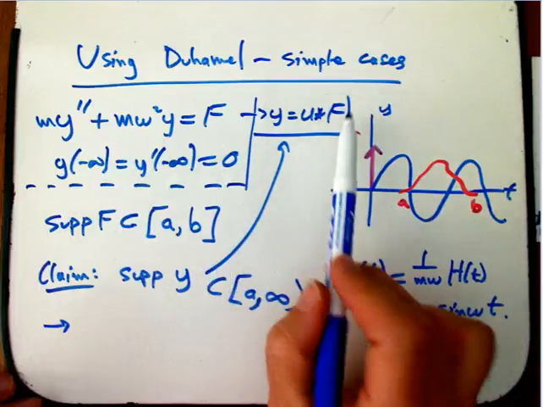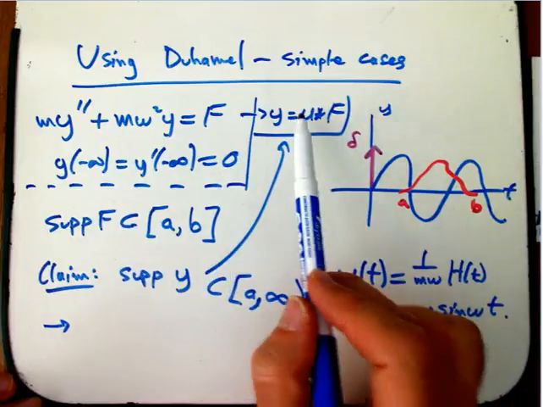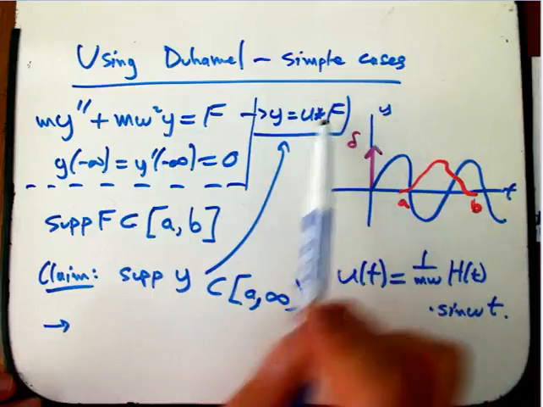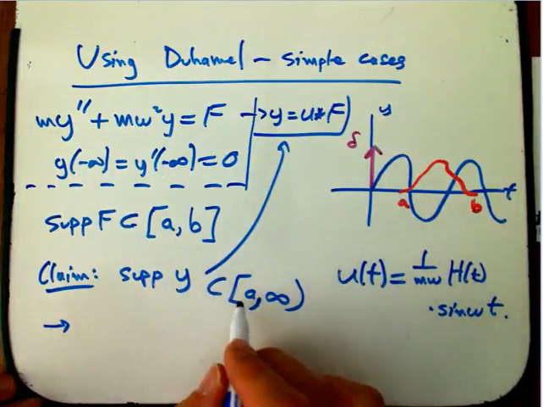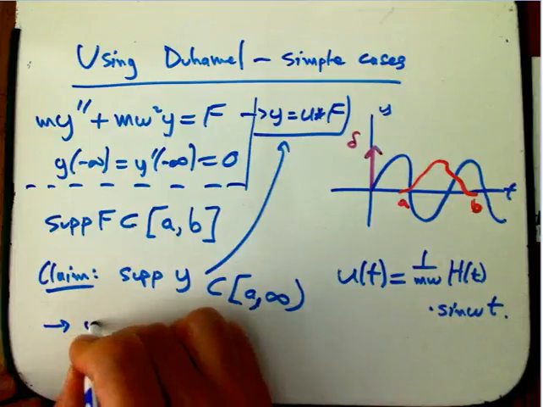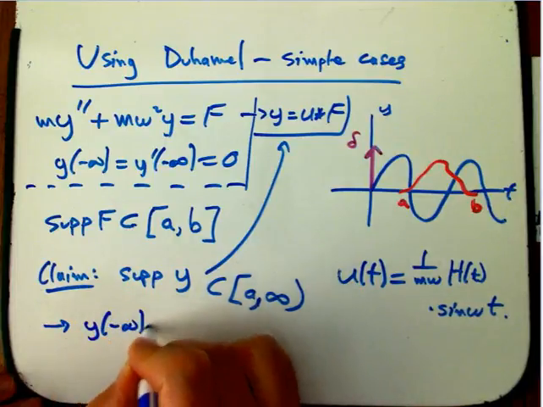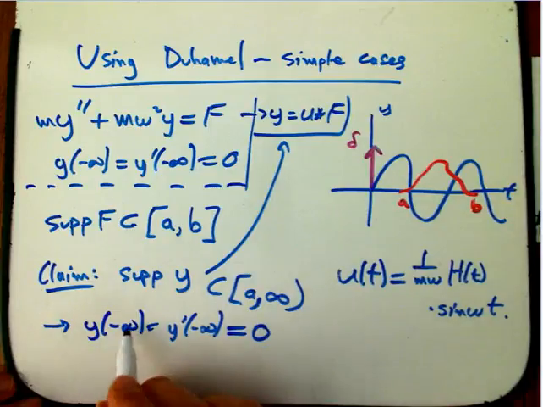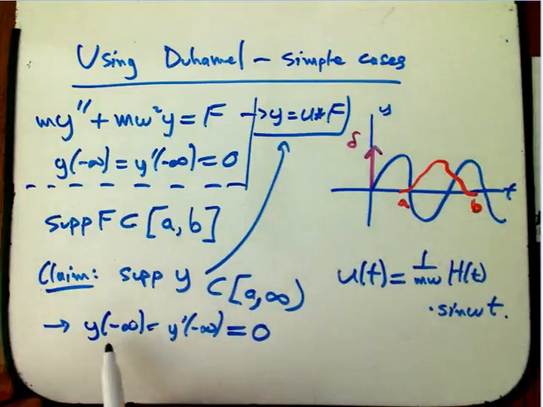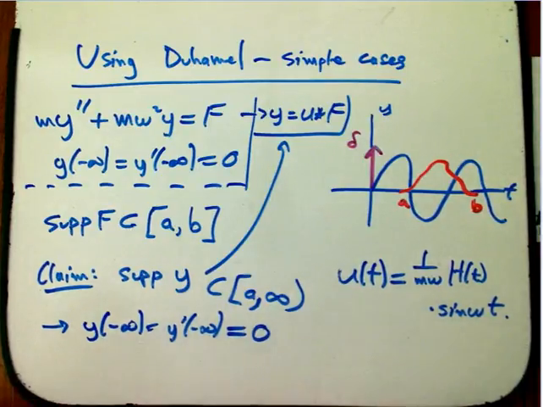The proof of Duhamel's was just about how distributions, derivatives, and convolutions interact, and it wasn't talking about this. Okay, but this certainly says, if it's supported from A going to the right, that certainly says that y of minus infinity and all of its derivatives are 0. And remember, these are not really evaluating at minus infinity. They're limits as x goes to minus infinity of these quantities. Okay, but they're certainly going to be 0.